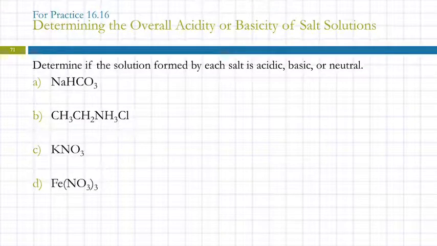Okay, let's practice. Determine if the solution formed by each salt is acidic, basic, or neutral. So here we've got sodium hydrogen carbonate. There's two ions. Sodium and hydrogen carbonate.